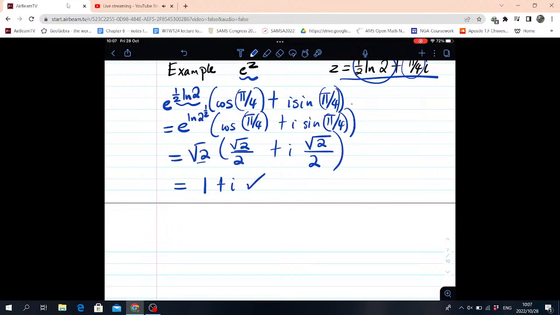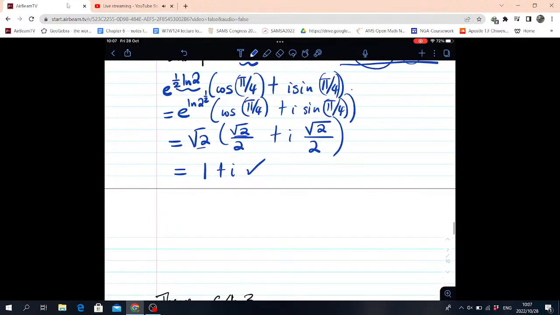Now let's look at some properties of exponents that we know in real numbers that we want to check are going to be true in complex numbers.